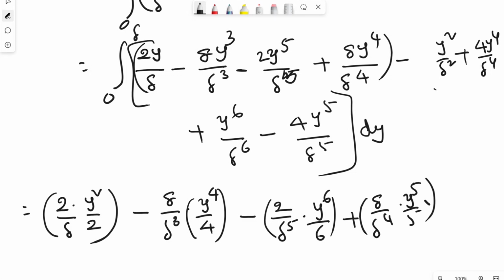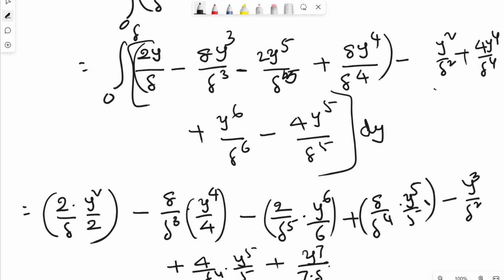Next, minus y cubed by delta square, plus 4 by delta to the power of 4 into y to the power of 5 by 5, plus y to the power of 7 by 7 into delta to the power of 6, minus 4 by delta to the power of 5 into y to the power of 6 by 6.